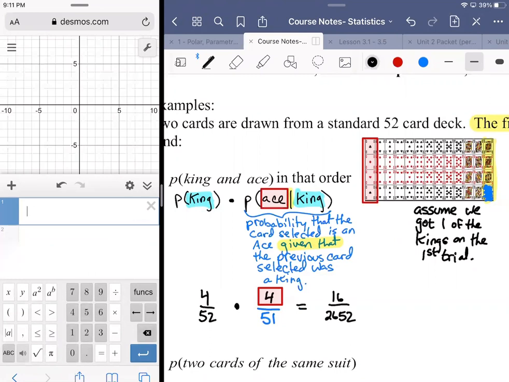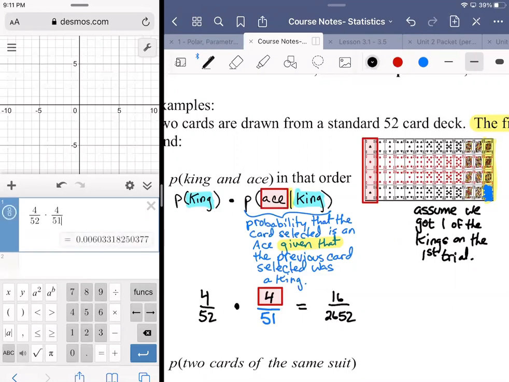I've done card related probabilities so frequently that the number 2652 and the number 2704 stick out in my mind as 52 times 51 and 52 times 52 respectively. But you could just pop it into your calculator. 4 over 52 times 4 over 51.